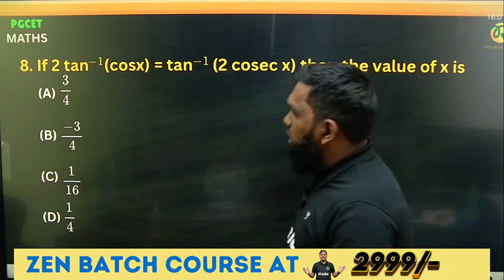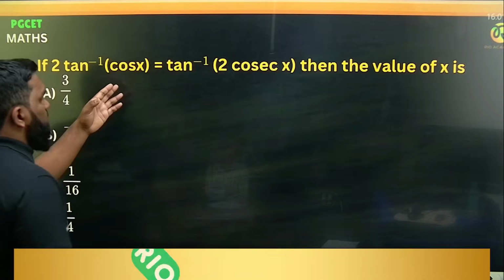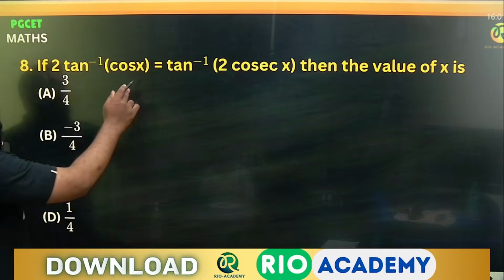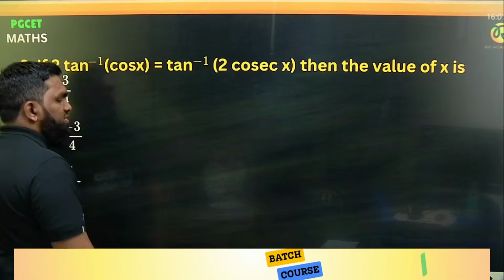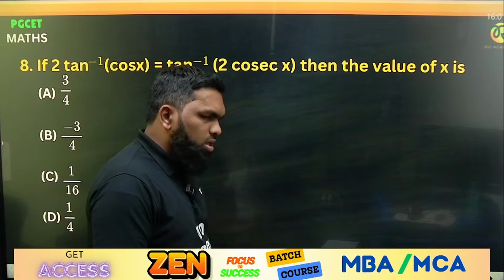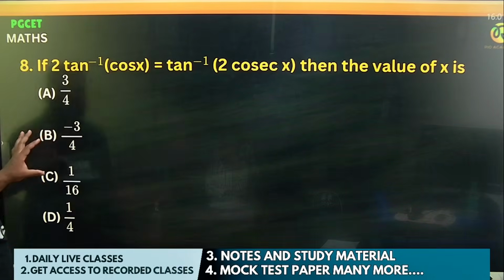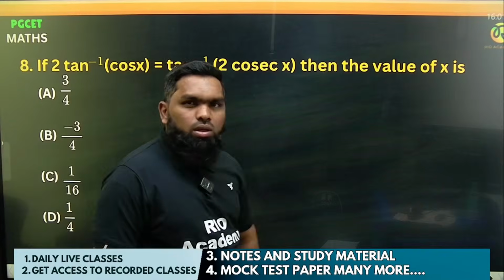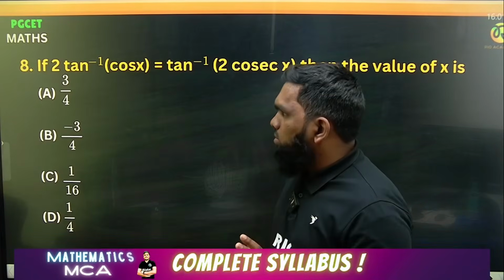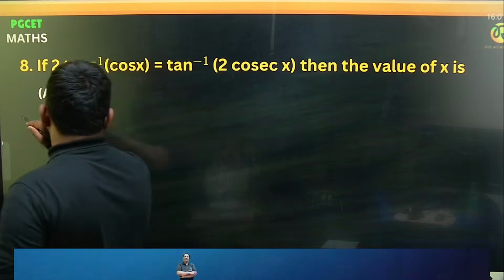Here is another question: 2 tan inverse of cos x is equals to tan inverse of minus 2 cosec x. You must remember the 2 tan inverse of x formula.